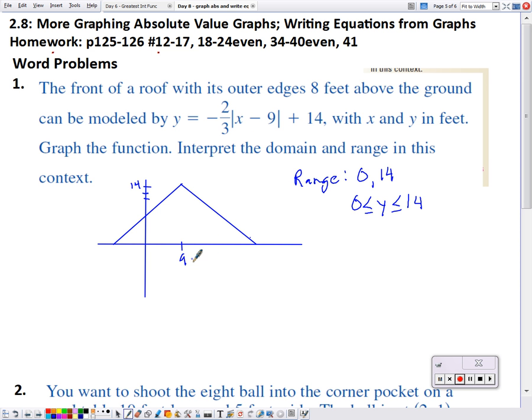So if I go 21 in this direction, this lands us at 30. If we go 21 to the left, that lands us at negative 12. So the range, or whoops, that's the domain, is going to be negative 12 is less than or equal to x is less than or equal to 30.